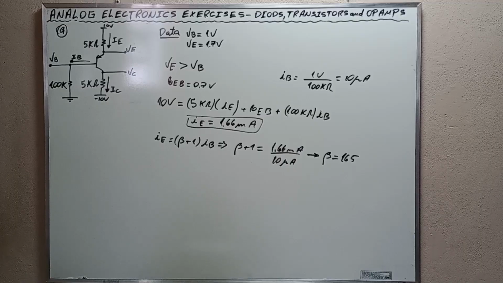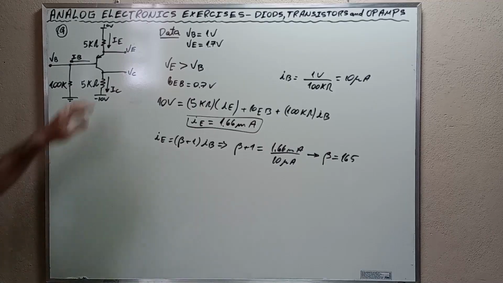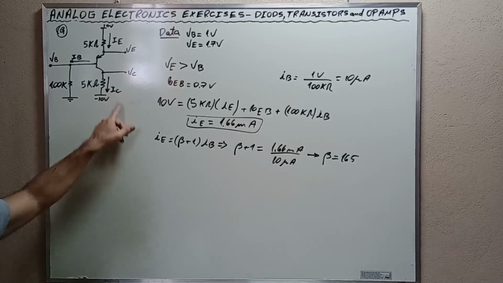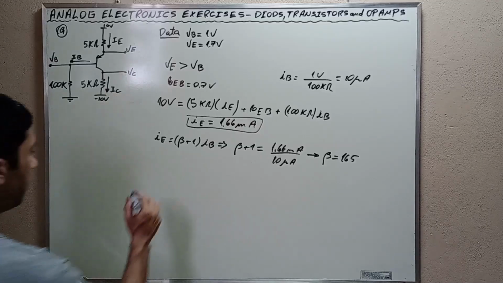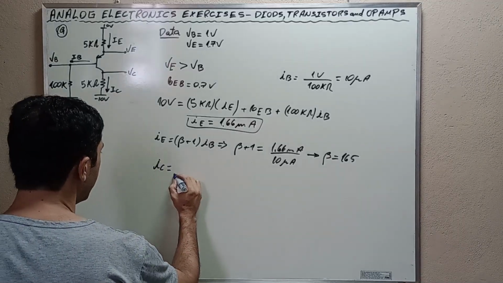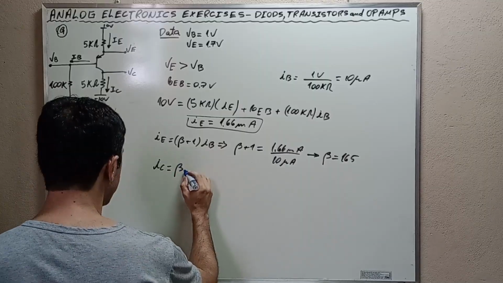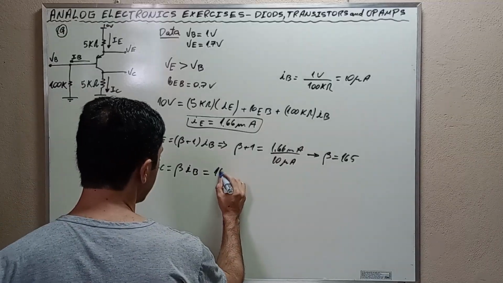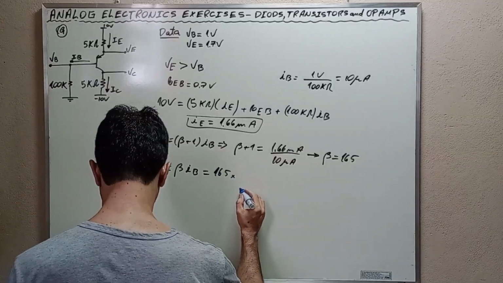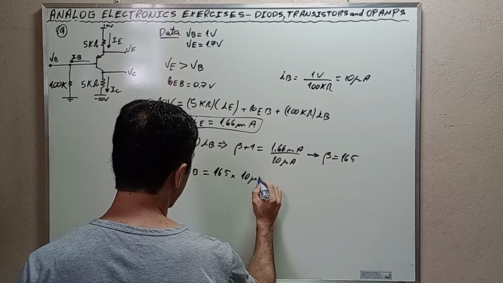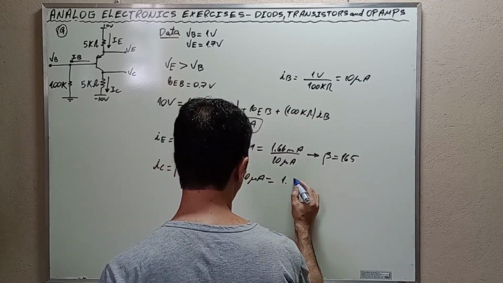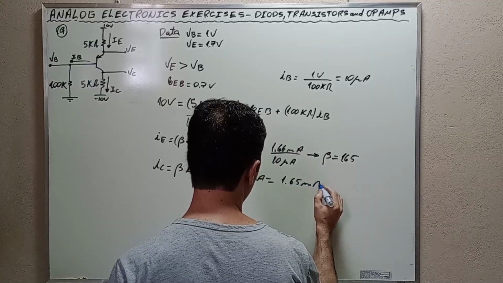Let's continue. We have to find the value of IC now. We already have IE and IB, now we need to calculate IC. IC is equal to beta times IB, and this is equal to 165 times 10 microamps, which is equal to 1.65 milliamps.